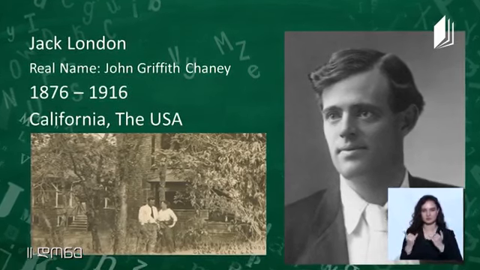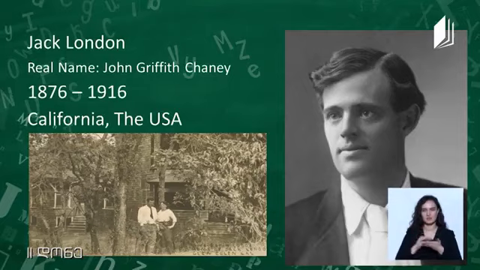Now, he is one of the first authors to achieve worldwide celebrity and make a lot of money from selling his books. Now, if you remember from last time, I think we mentioned he loved animals, which plays a part in this book again, reading and traveling.